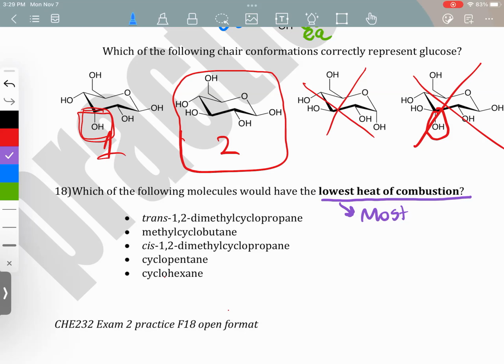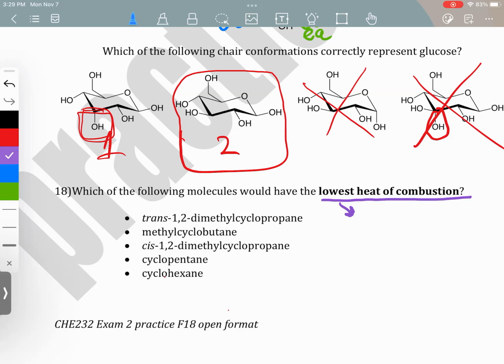Okay. All right. And then with combustion, so lowest heat of combustion. In other words, the molecule is what? What does that say about their stability?